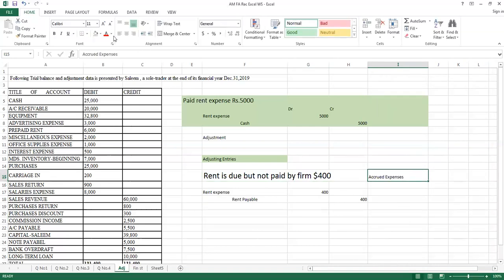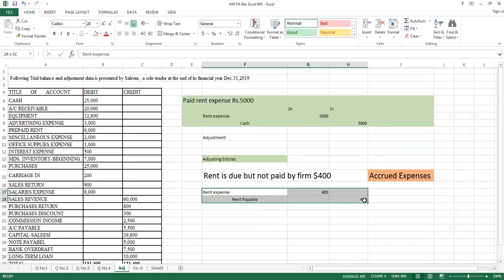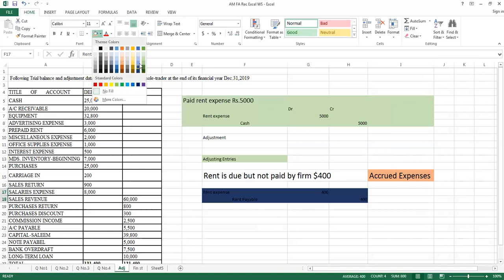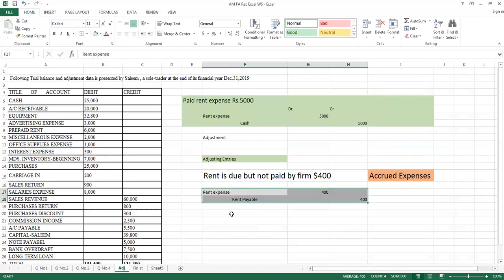So accrued expenses means we are talking about the expenses that are due on the business, but were not paid so far. That's why we recorded this entry: rent expense is debited and rent payable is credited.